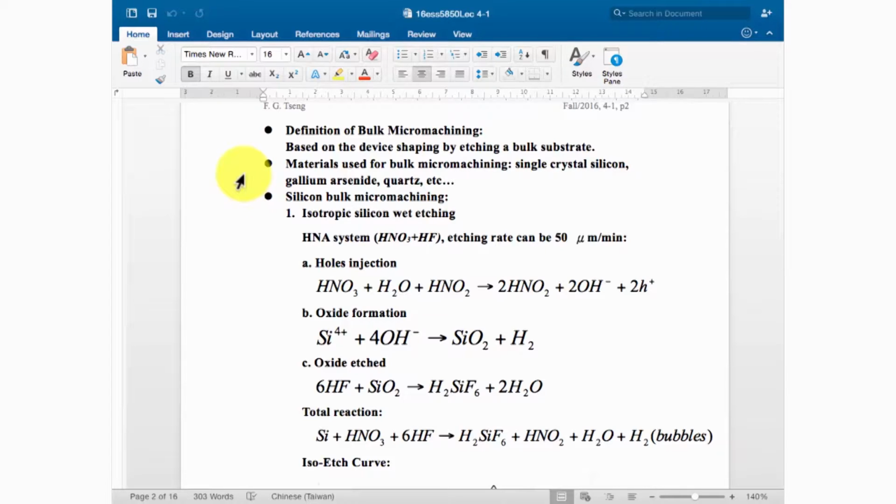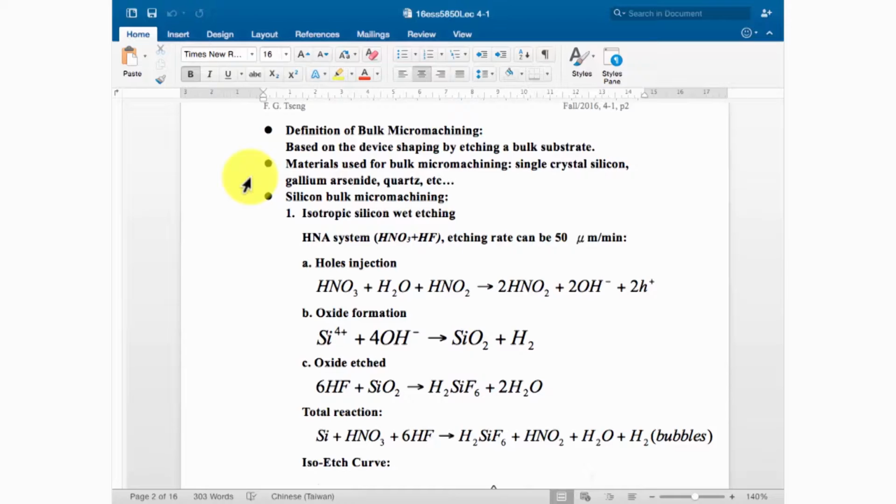There are many different kinds of materials you can use for bulk machining. For example, single crystal silicon, which is what we use the most, and you can use quartz. Somebody uses quartz as a substrate, and you can use gallium arsenide and other kinds of material as well. Silicon is the most studied material in the past 20 years, and there are a lot of ways to do the machining process.